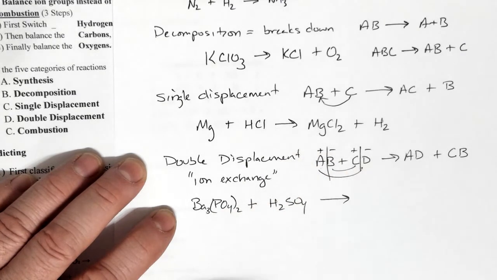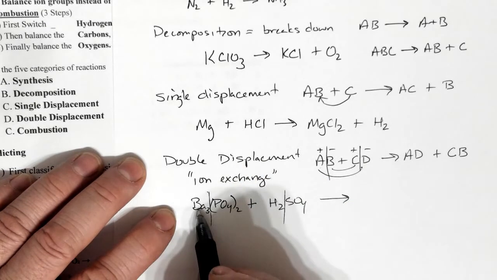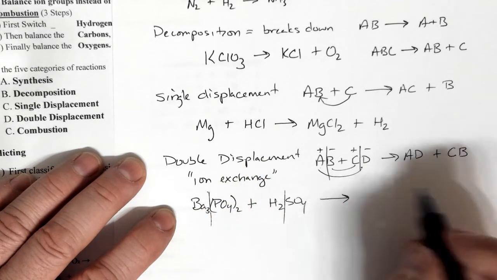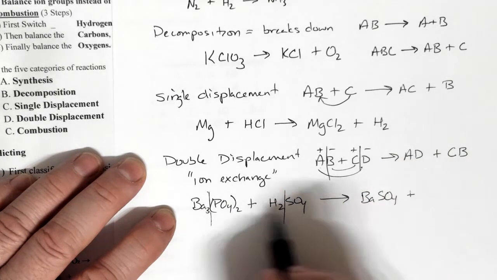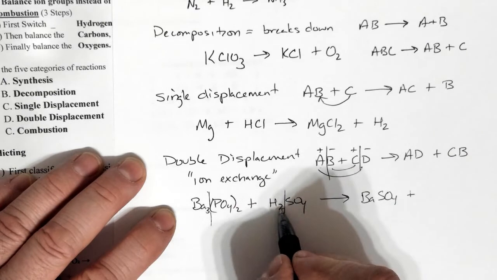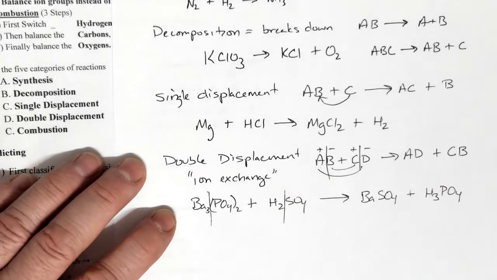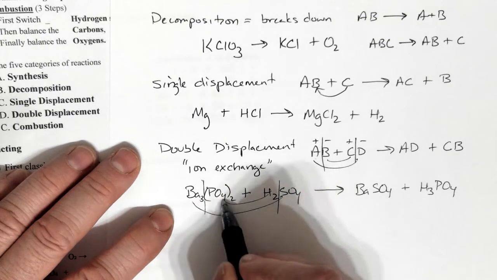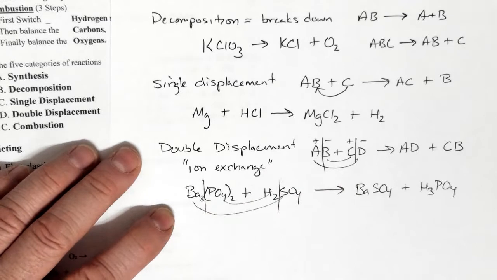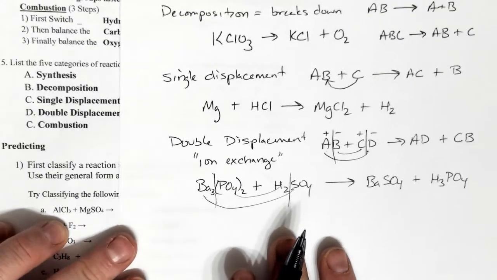And what happens is these ions switch partners, so the barium hooks up to the sulfate, BaSO4, plus, and then H2, the hydrogen, bonds to the phosphate, H3PO4, and forms those 2 materials. So it's called an ion exchange, but mostly a double displacement is what we're going to call that, and that's the main idea of what's happening here.